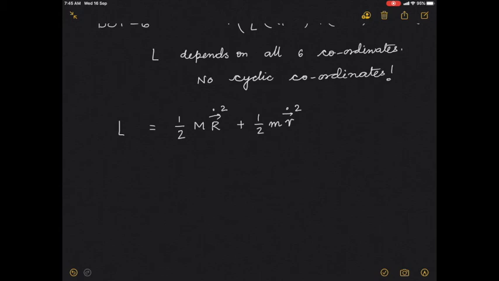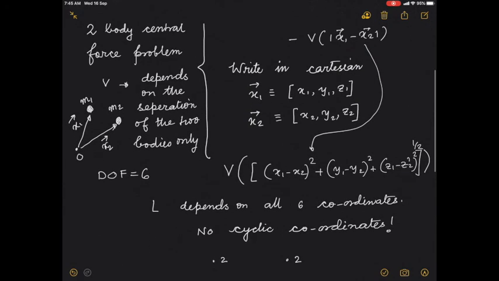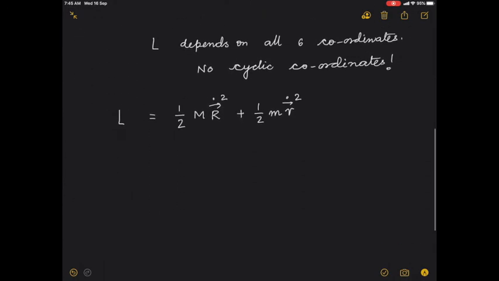And then the reduced mass vector, small r, is nothing but the distance between the two particles now. So small r goes from one to the other. If you wish, it is like this. Which means now the potential only depends on modulus of small r.